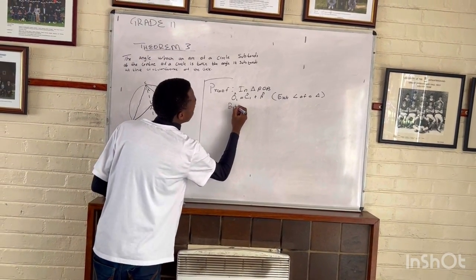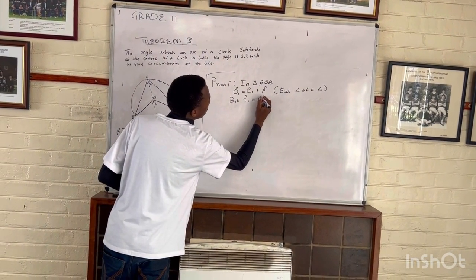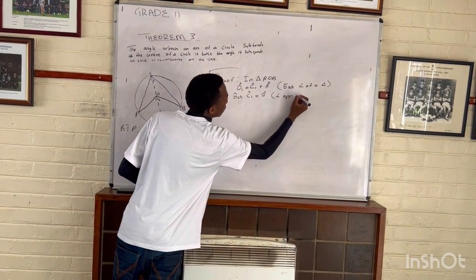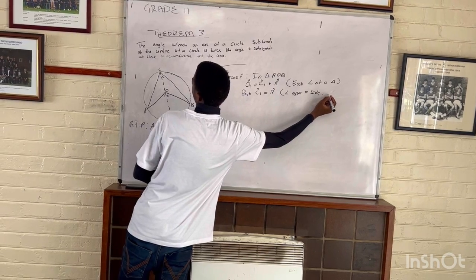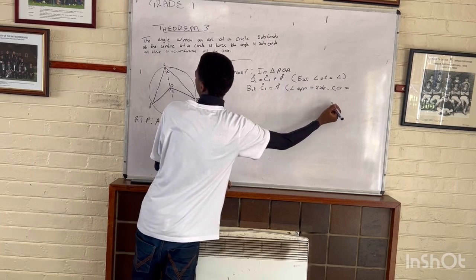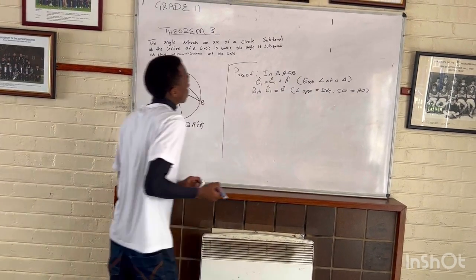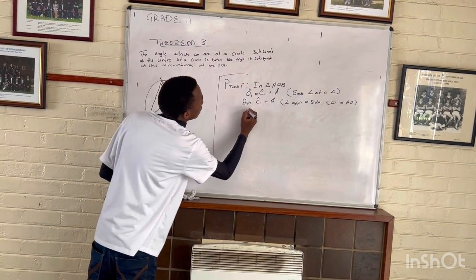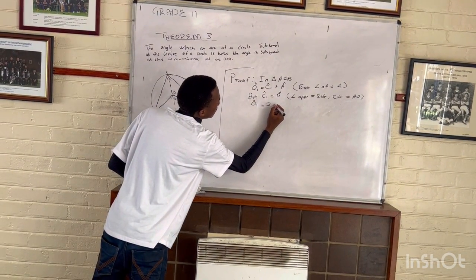But C1 is equal to A, angles opposite equal sides, CO is equal to AO. So we can now say O1 is equal to 2C1.